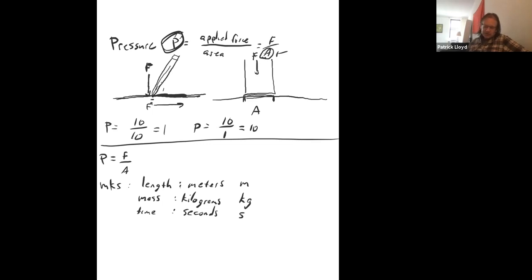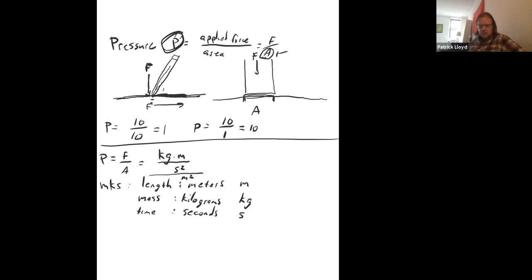So force is in kilograms, meters per second squared. Those are the units of force. But the units of area is length squared, meters squared.